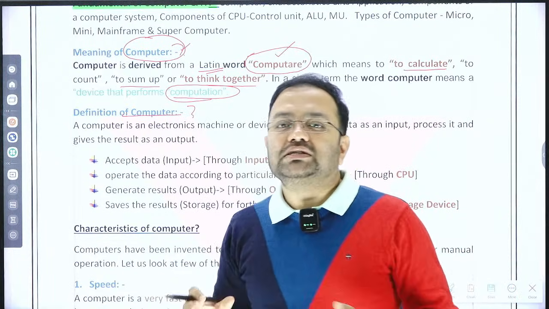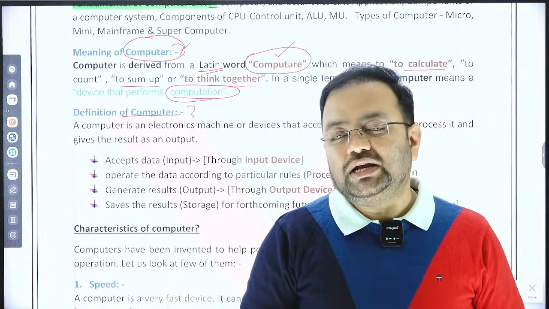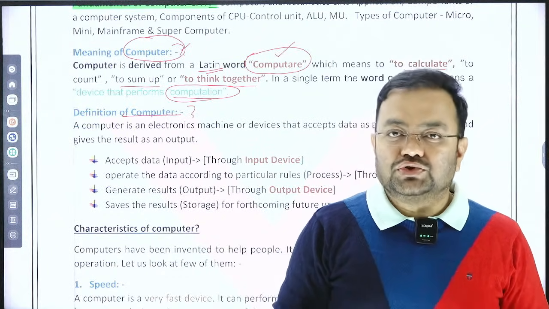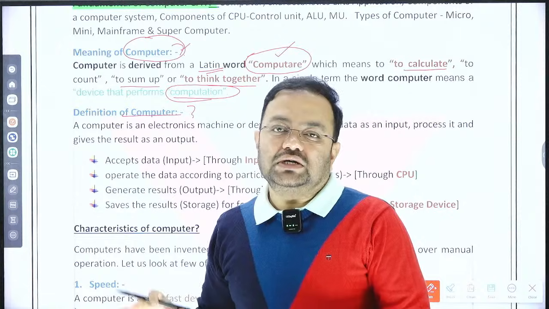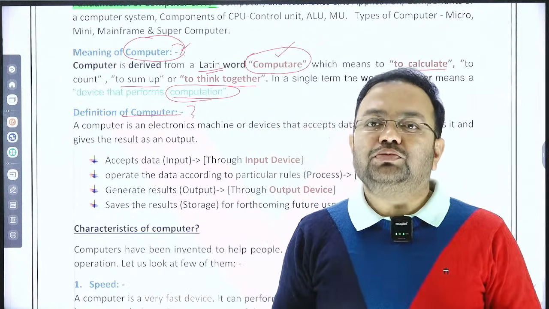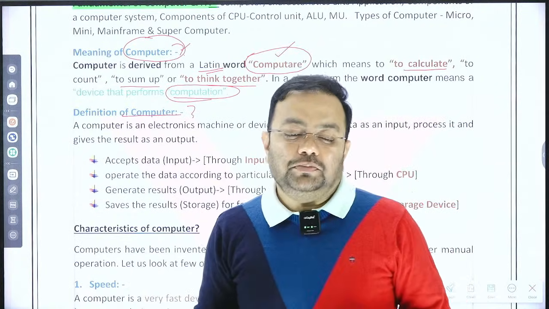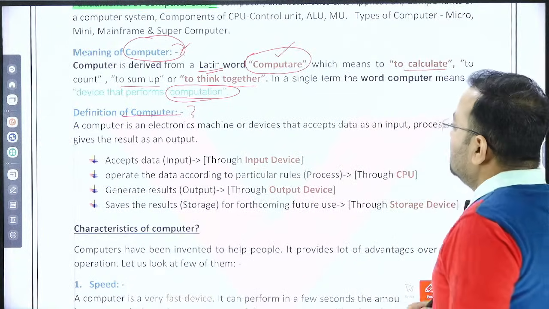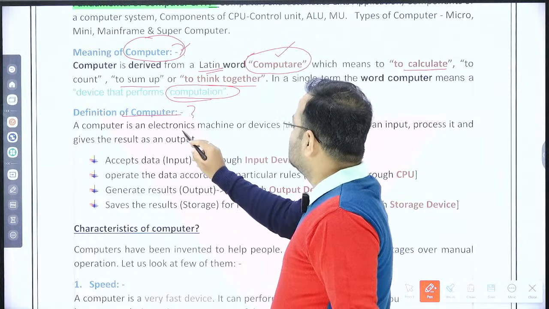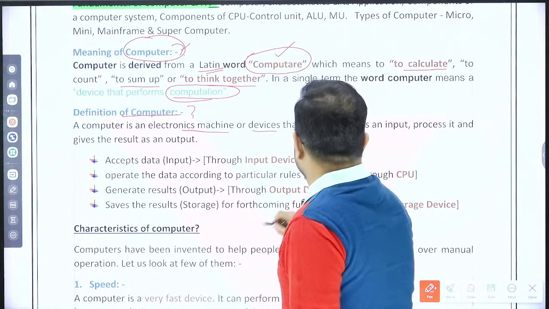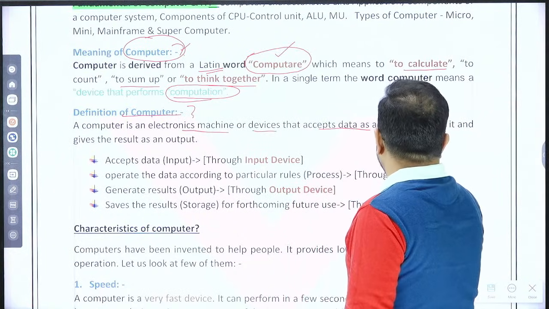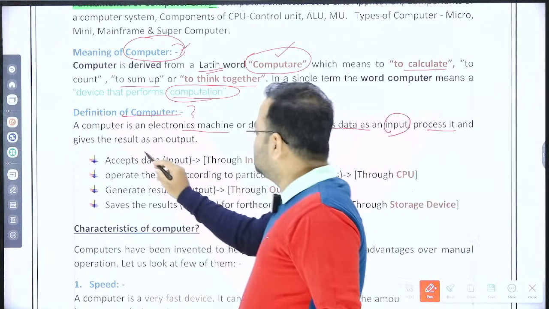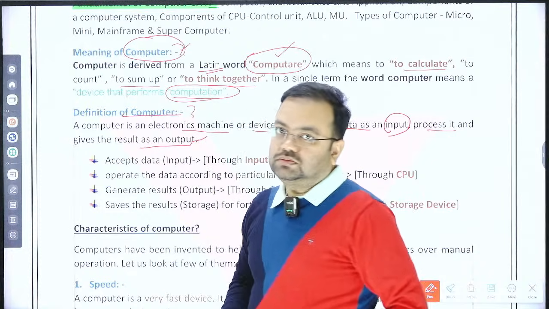So overall we can say that a computer is an electronic device that accepts data as input, processes it, and produces the result as output. So input, processing, output, these are the basic functionality of the computer system. That's why I'm mentioning here that a computer is an electronic machine or device that accepts data as input, processes it, and gives the results as output.